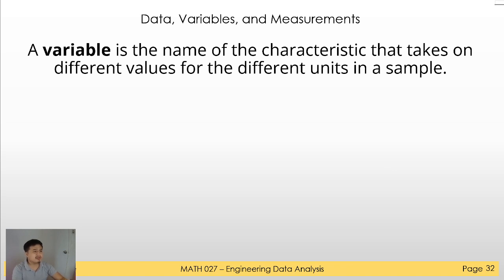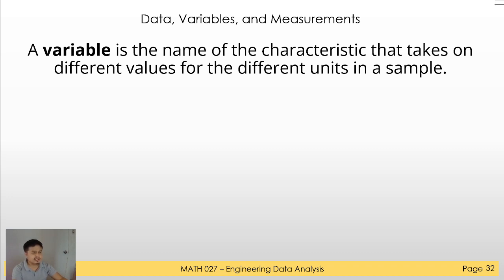A variable is the name of the characteristic that takes on different values for the different units in a sample. So you can imagine in that scenario, the variable there is the percentage of how many people had an ICU visit versus the total number of patients.